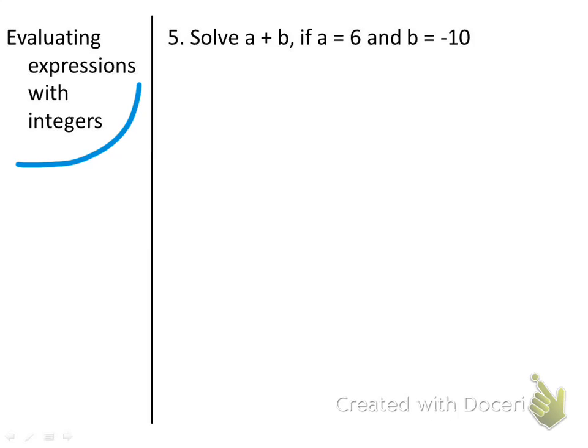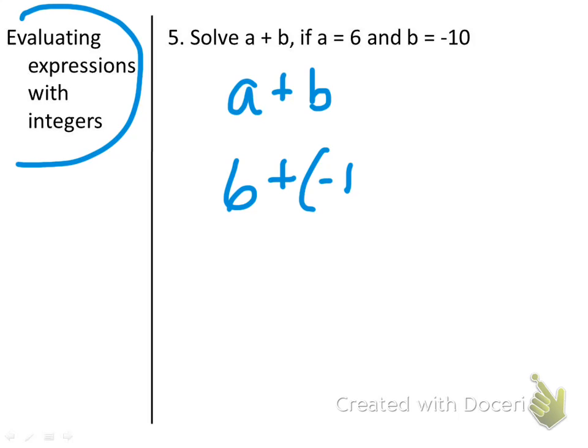Okay, our next topic is evaluating expressions with integers. Number 5, we're going to solve a plus b. If a is 6 and b is -10. So I'm going to write out a plus b. A is 6 and b is -10.